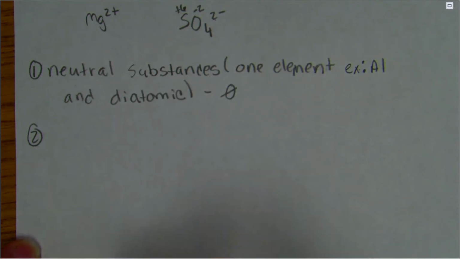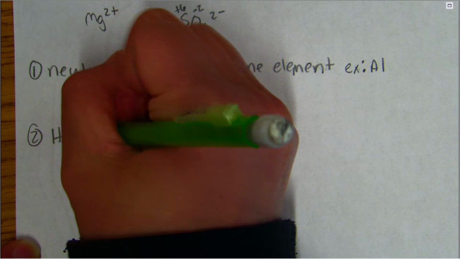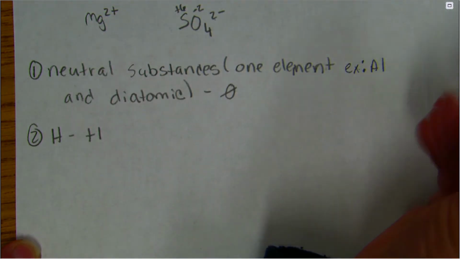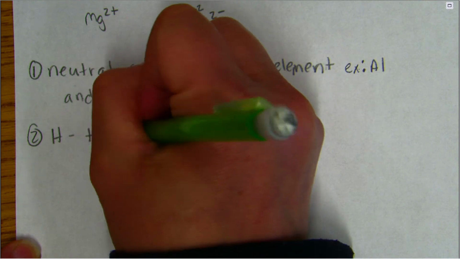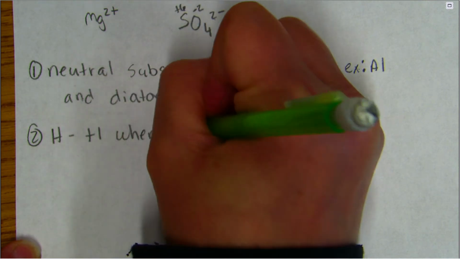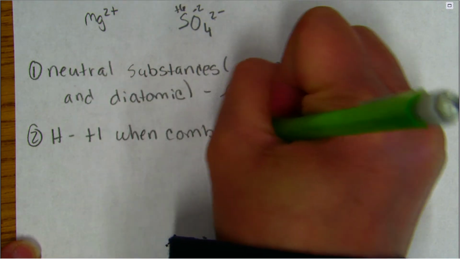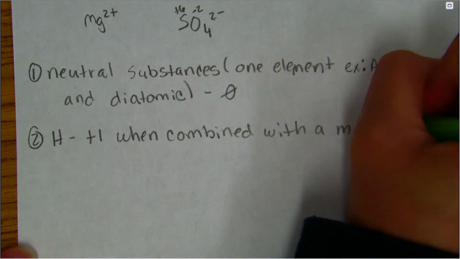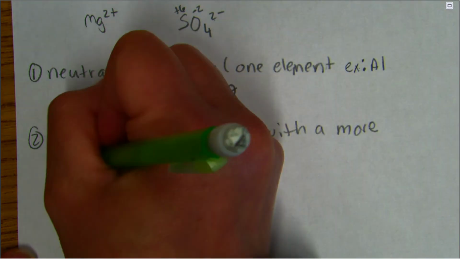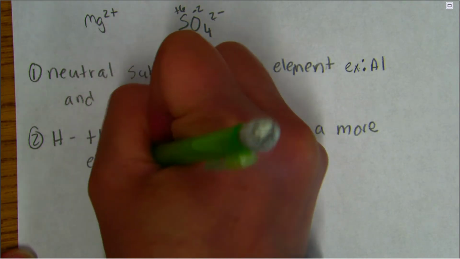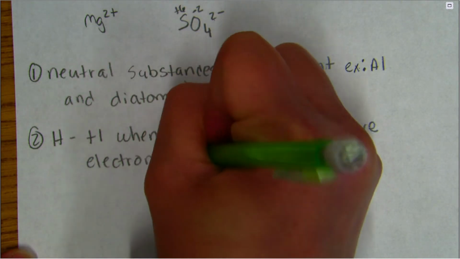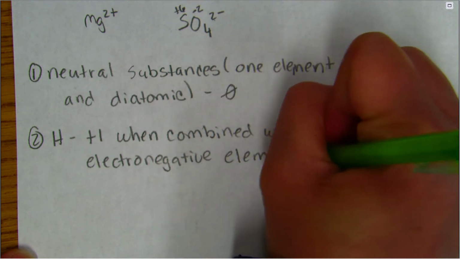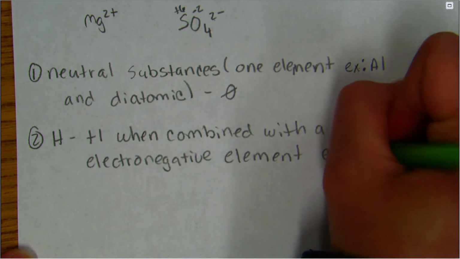Hydrogen is going to be a +1 when combined with a more electronegative element. All right, for example, CH4.